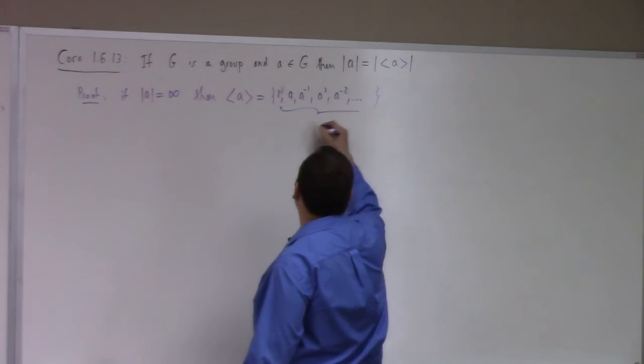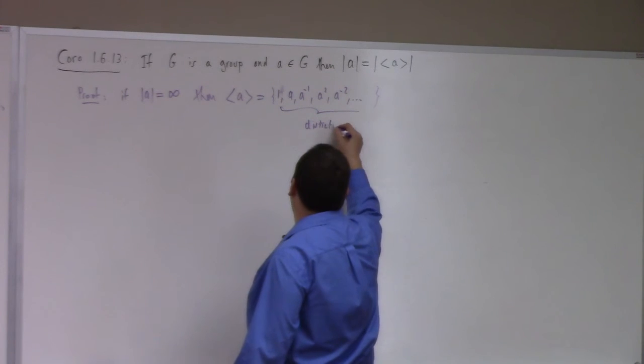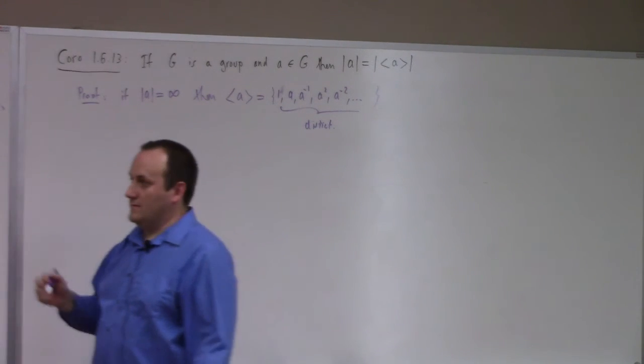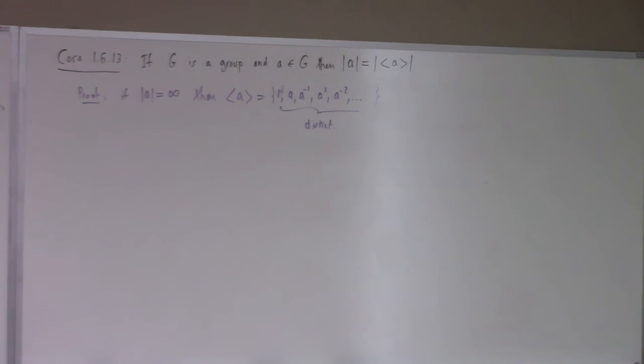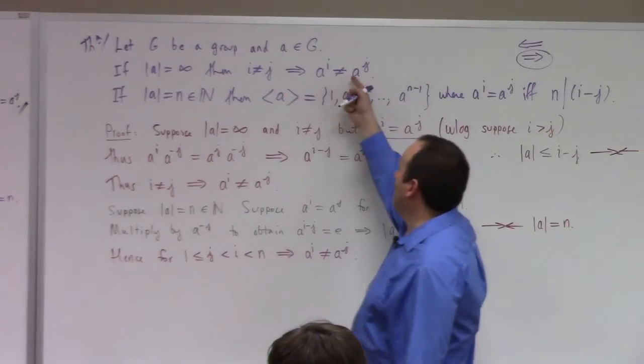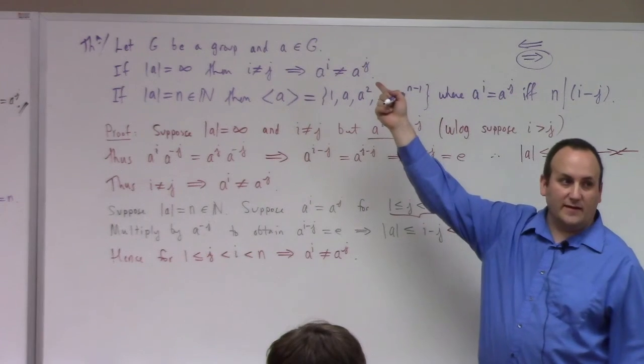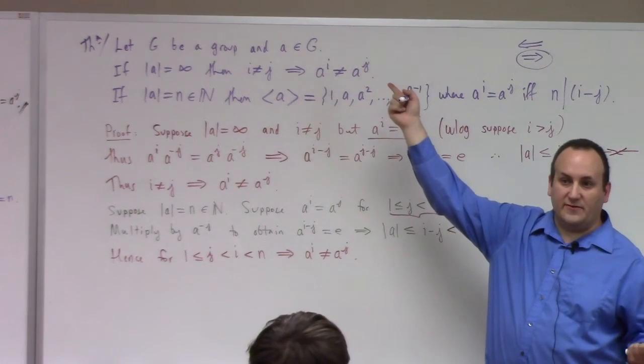And these are distinct, right? How do I know that? The theorem, okay? That's part one of the theorem. It says that if the order of a is infinite, the powers generated from a are distinct. So it goes on and on forever and ever.